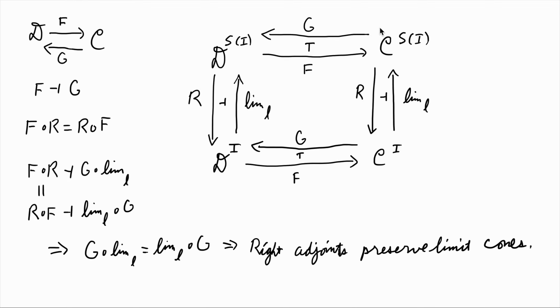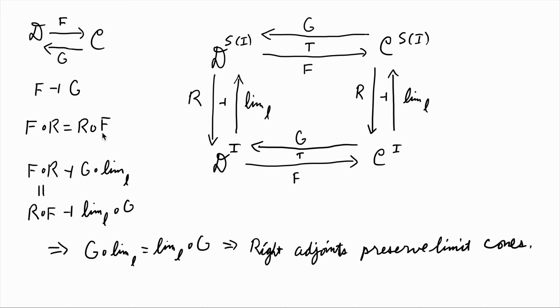Now, looking at this diagram, we also have that F of R is actually going to be equal to R of F, if we think about what this means. So imagine that we're sticking a whole diagram into F, and if we pass the diagram through R, it's going to be of shape I. Well, imagine that we had something coming into F right here.